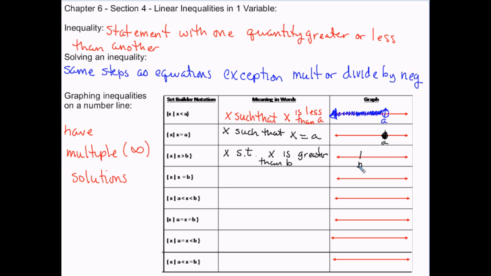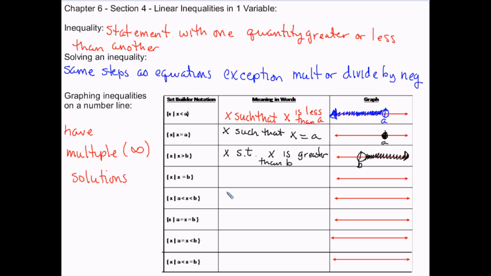So if b is right here, I make an open circle for greater than and shade everything larger than that. I don't know why I put an equal to here. We already did that, so just ignore that one.